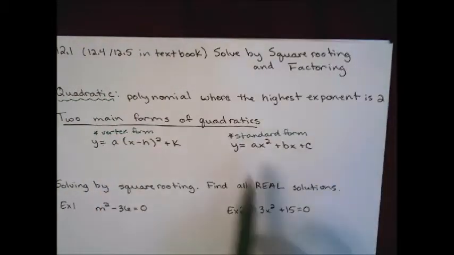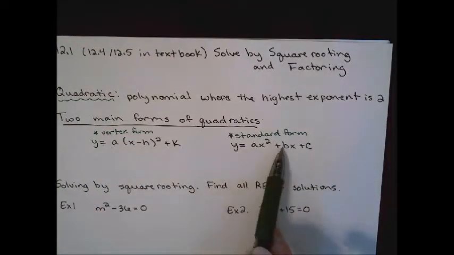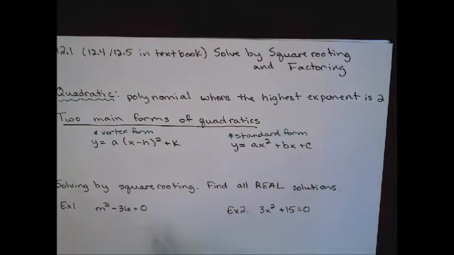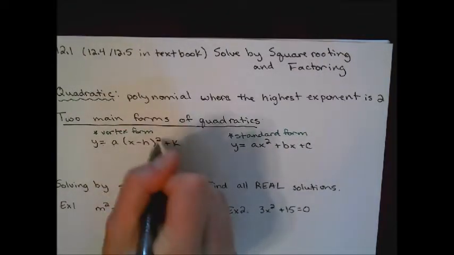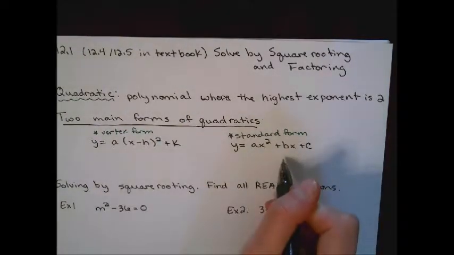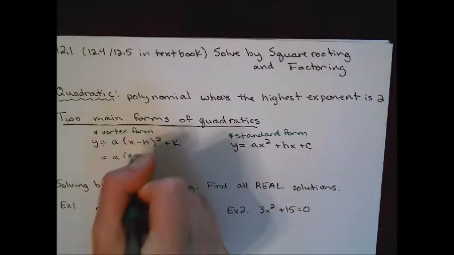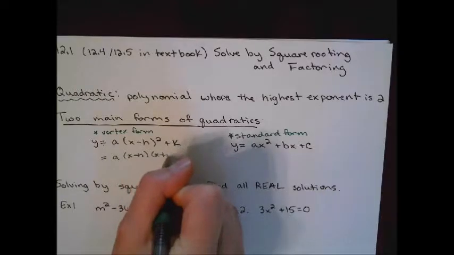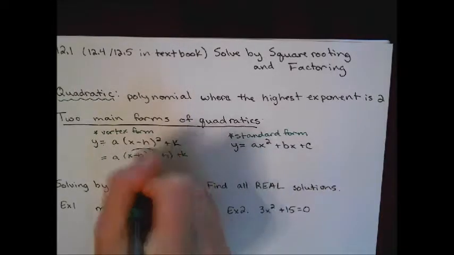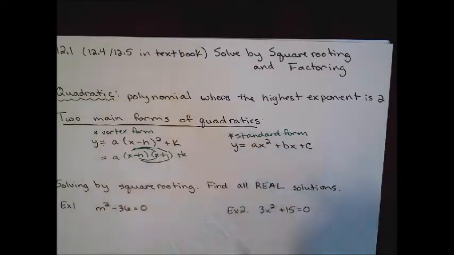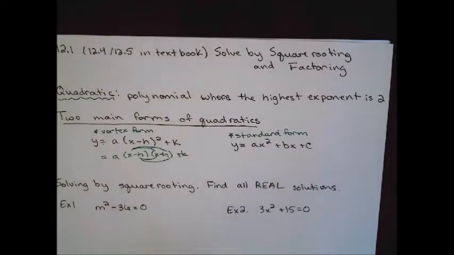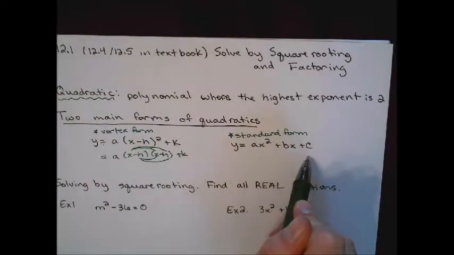For standard form, we have y equals ax squared plus bx plus c. What the differences are is that for the standard form, we took the x minus h piece, did our foiling, multiplied it out, multiplied the a, combined like terms, and now we just have a trinomial.